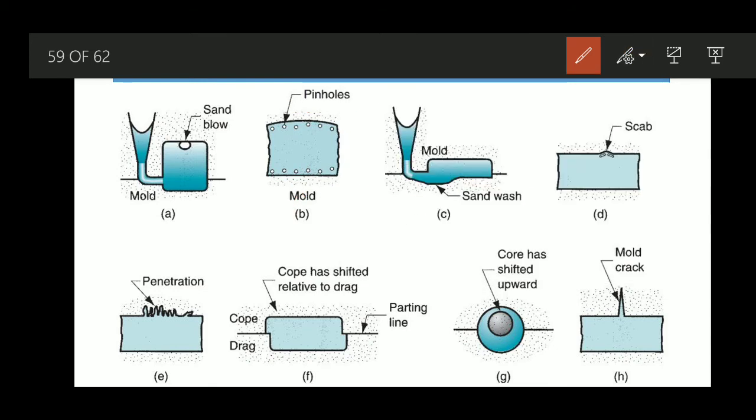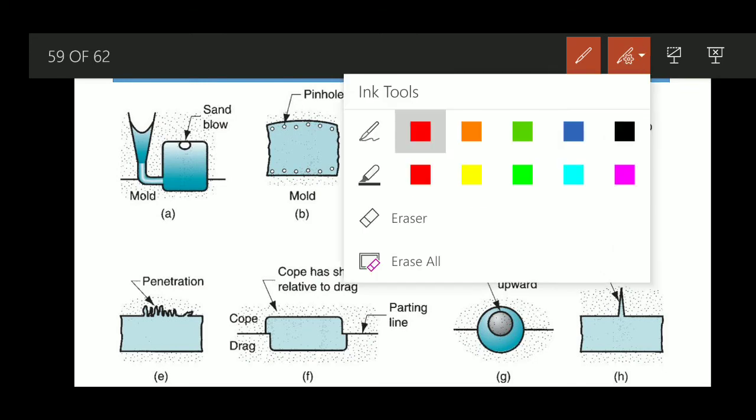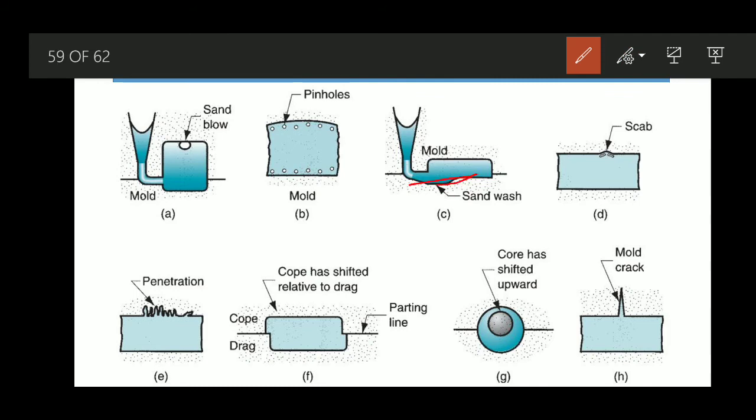In this figure you can see it should have been like this, but this lower portion of the sand mold has eroded, and now a void is present in the mold. The molten metal cannot distinguish whether it is a required cavity or not. Ultimately it is just going to fill up that cavity also, and once it solidifies, that particular shape will be there, which is one problem.